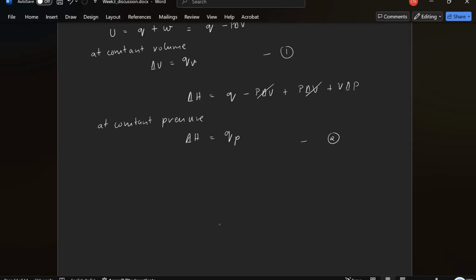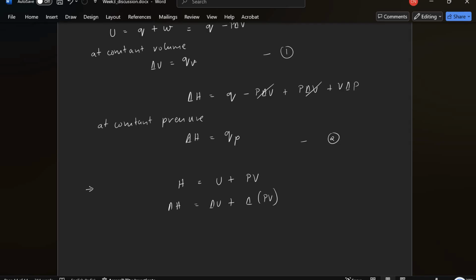If you consider reactions, most of the time it's a constant pressure process and constant temperature also. So if we consider the enthalpy, H equal to U plus PV, then delta H is equal to delta U plus delta PV.